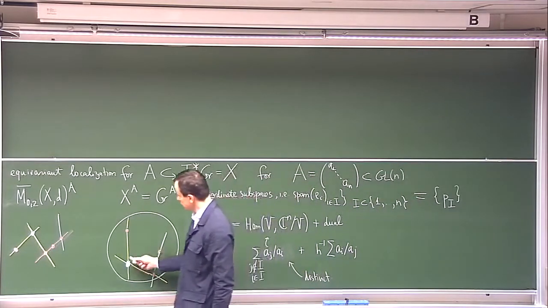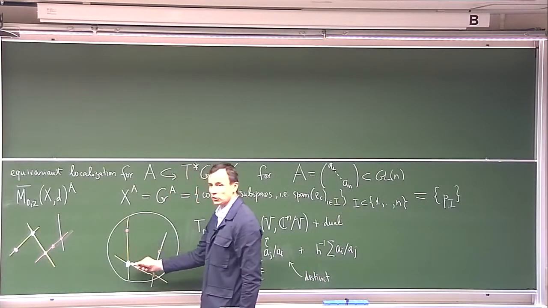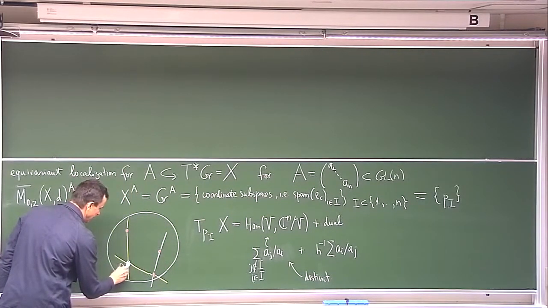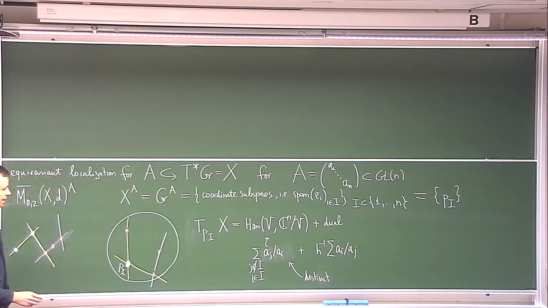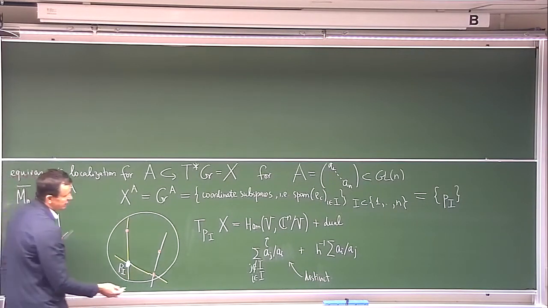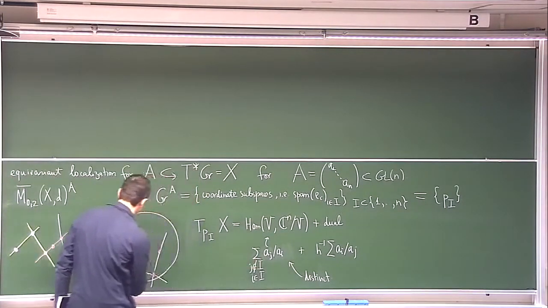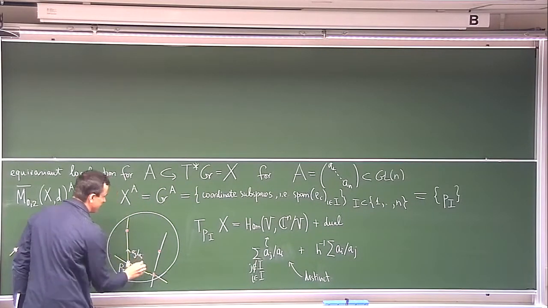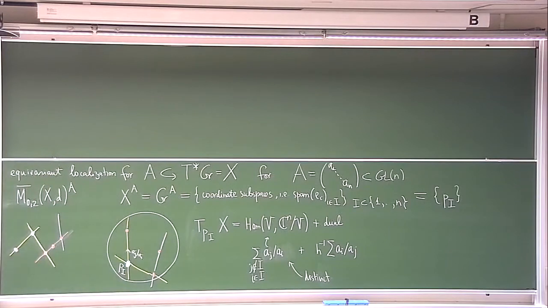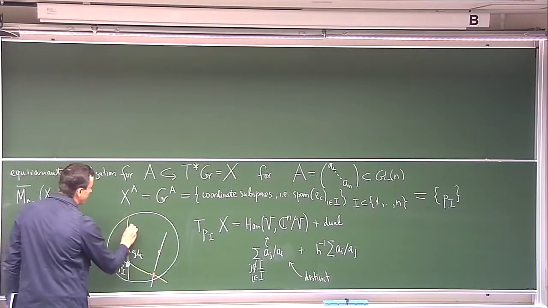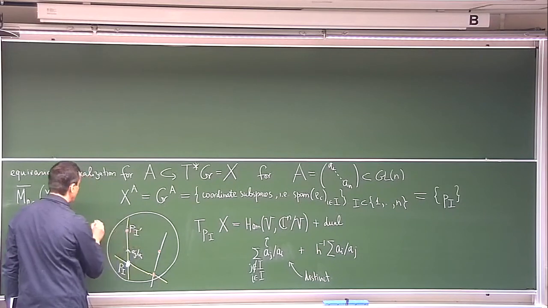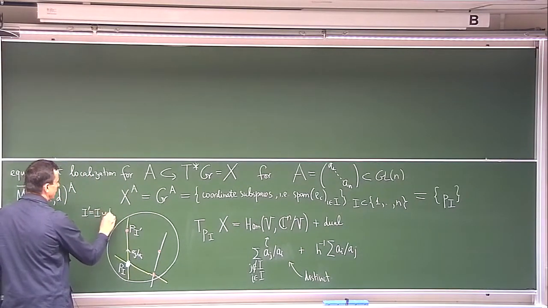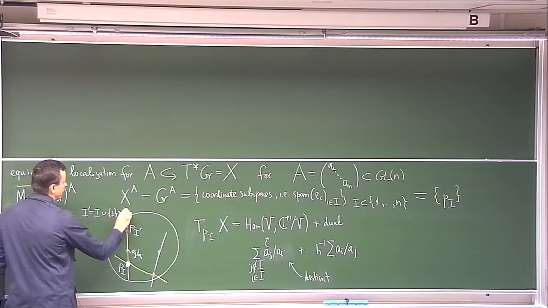So if this is my point P sub I, and I choose one of these weights, let's call it aj over ai, I'm going to get to the point P sub I prime, where I prime is where I take I, add j, and remove i.